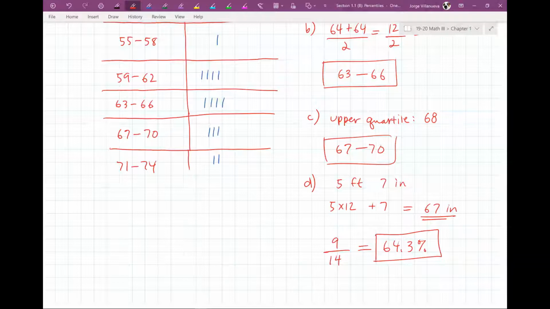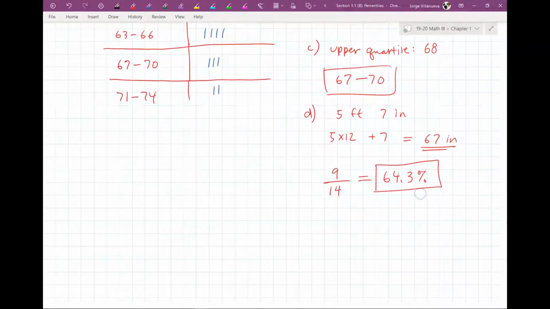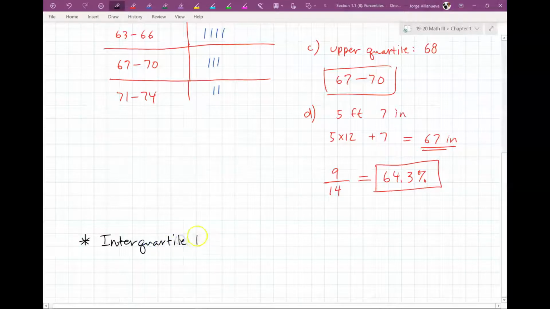Now, I'm going to give you the definition for that, okay? Because we haven't talked about that. So this is going to be notes for you guys. If you didn't write the other stuff as notes, we're going to start notes now. Interquartile range.